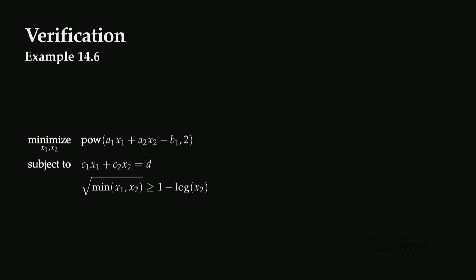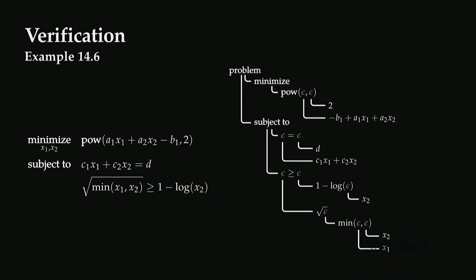So to see an example of this, again, very similar to the example we went through together. You would form a tree of your objectives and your constraints, and you would go up keeping track of the convexity as you go. So x1 and x2 are affine. Min over these things is concave non-decreasing. Square root ends up being concave non-decreasing. What's 1 minus log?